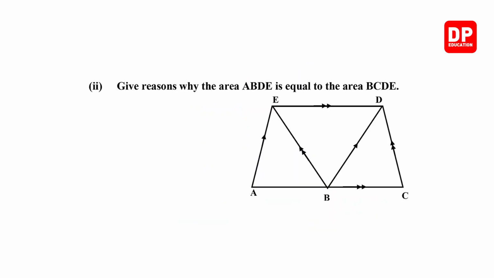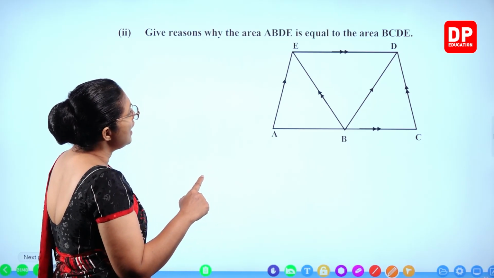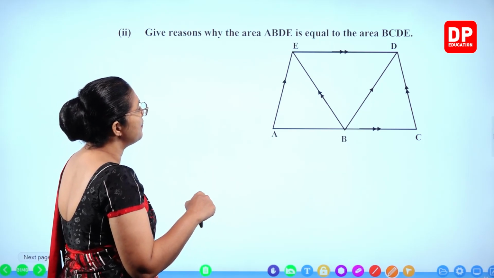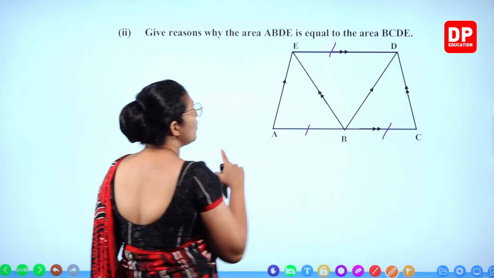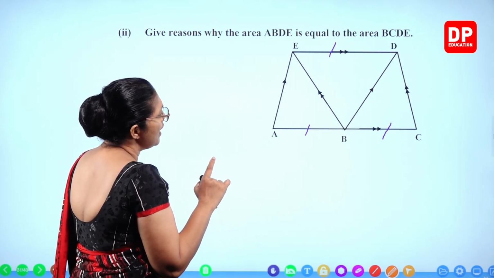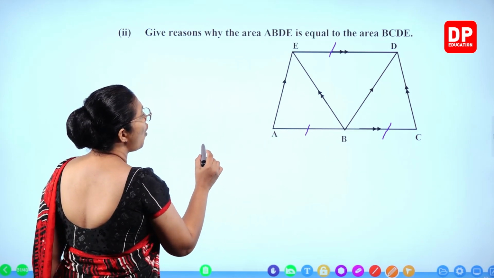The next part, give reasons why the area ABDE is equal to area BCDE. Now we found out these two are equal. What is the area of ABDE?